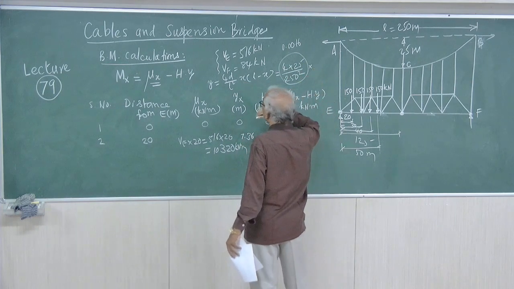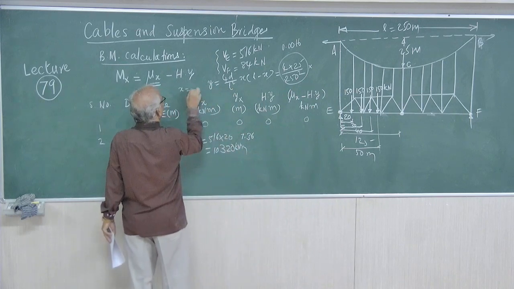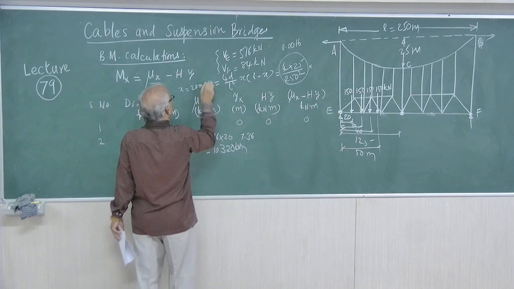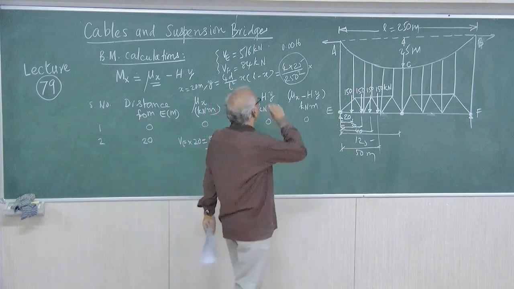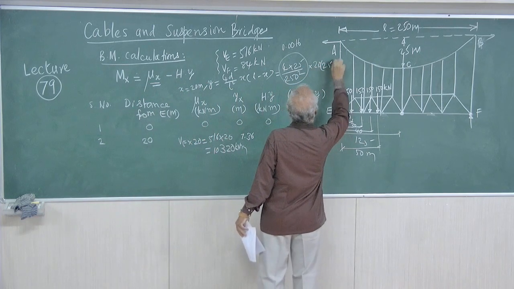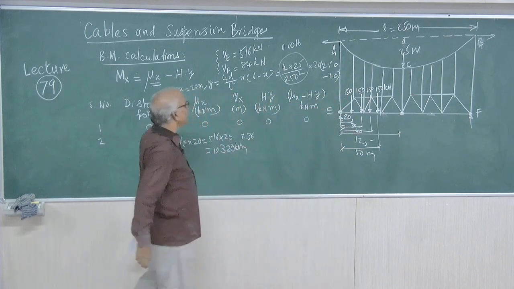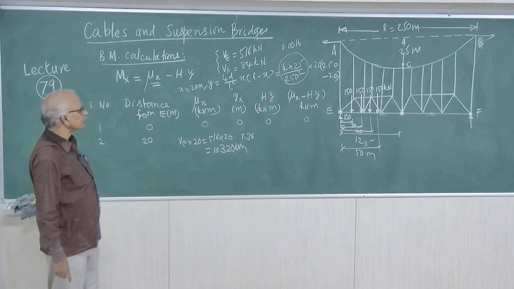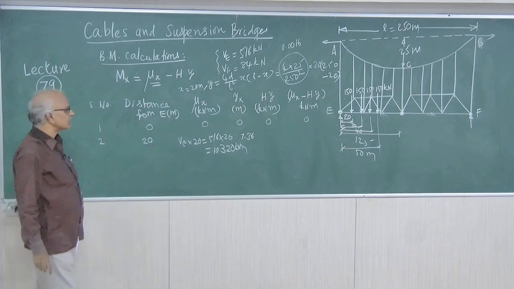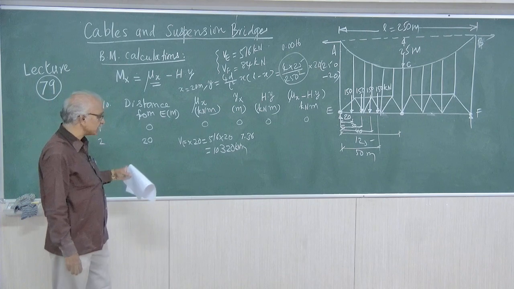Now we are finding the value at 20 meters. So when x is equal to 20 meters, 4d by L square, x is 20, L minus x is 250 minus 20. That value is equal to 7.36 meter.